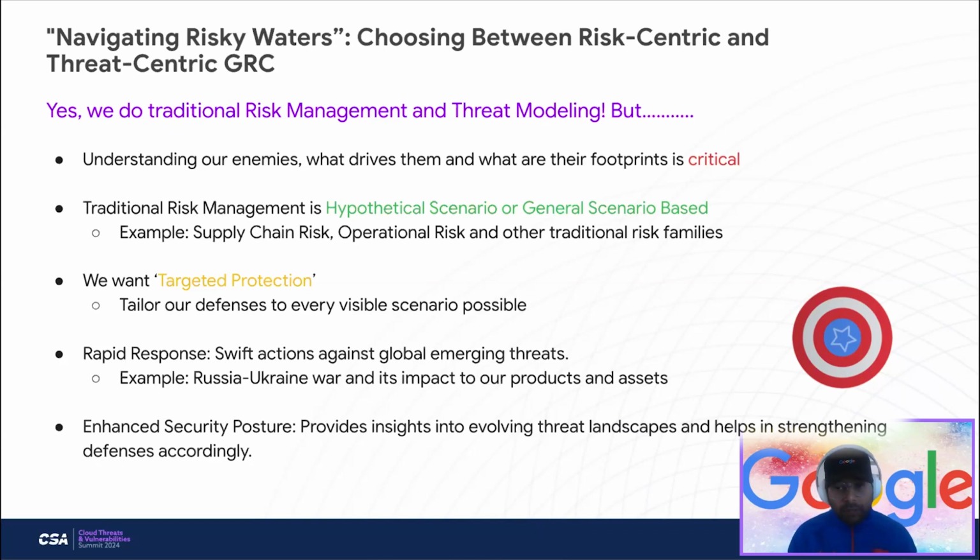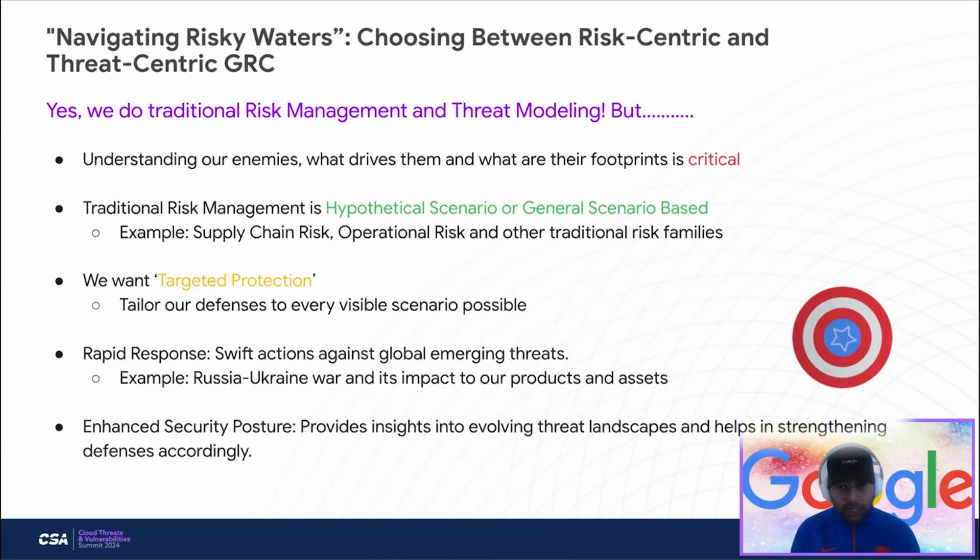In traditional risk management, most scenarios are hypothetical. If a breach happens on a key third-party vendor, what would happen? What would be our probable maximum loss or estimated maximum loss? What controls do we have? Those drive more hypothetical intelligence, but we want more targeted protection.